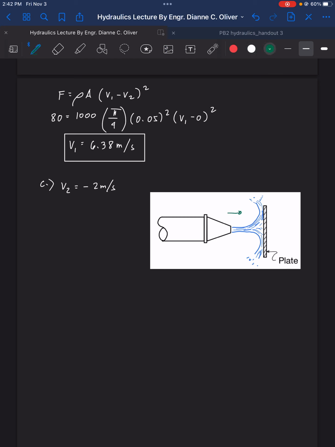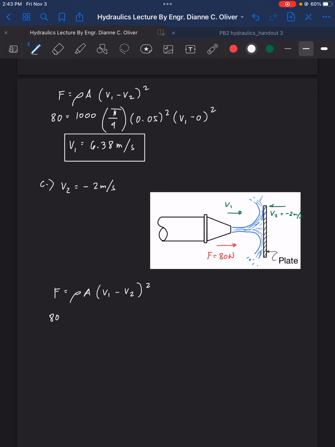V1 is unknown, V2 is negative 2 meter per second, given F is equal to 80 Newton. Then we will use the same formula. F is equal to the density times the area times (V1 − V2) squared.